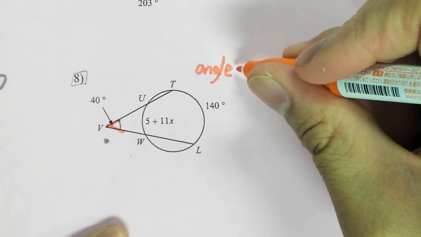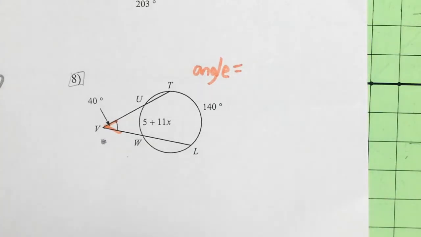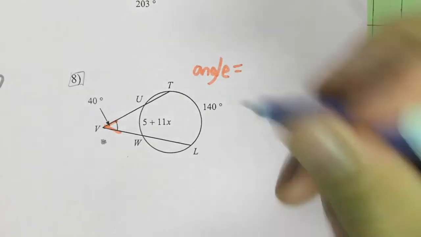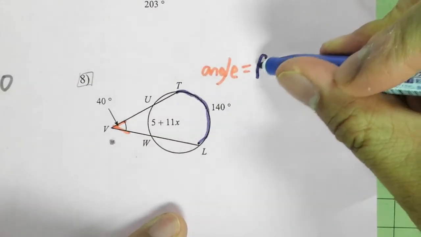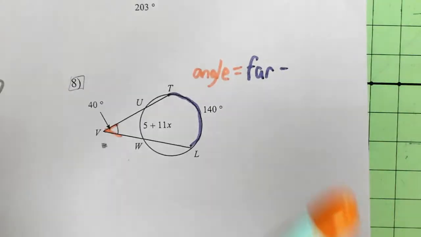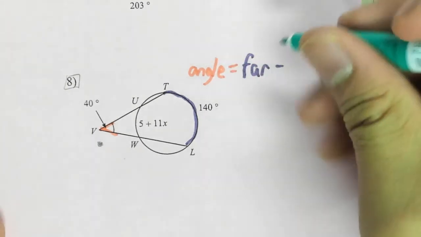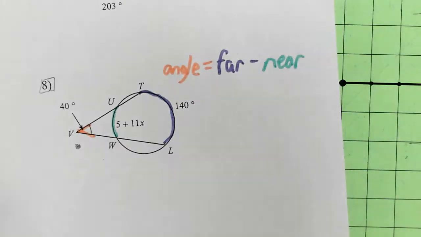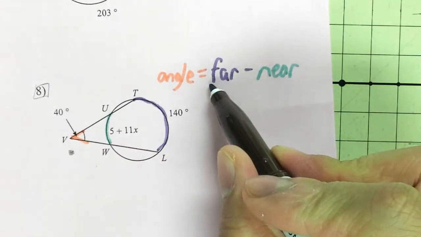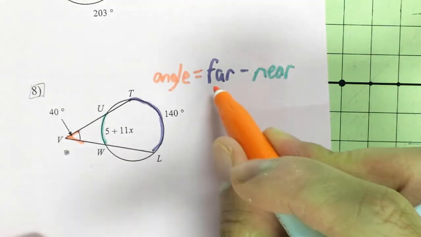Angle equals my far arc over here in purple minus my near arc over here in green divided by 2.